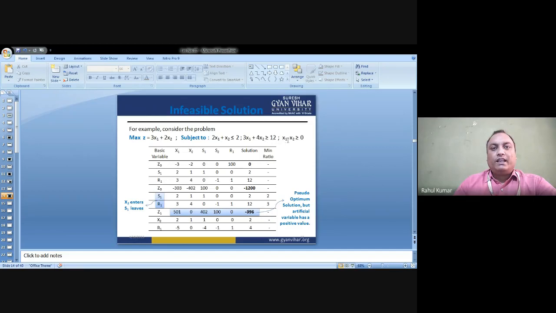And x1 and x2 are the non-basic variables, always greater than or equal to 0. Then z0, minus 3, minus 2, 0, 0 and 100.